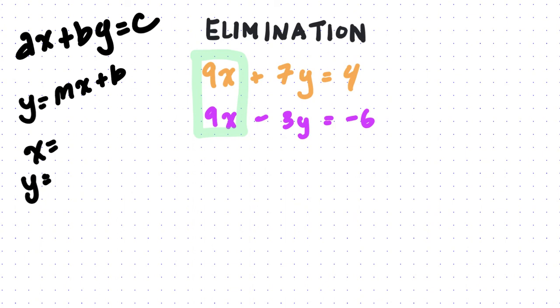Because they both have the same sign, they're both positive, we're going to need to subtract them. And what subtraction means is that I need to convert my second equation into the opposite form, meaning I need to reverse all of the signs by subtracting the bottom equation from the top equation.